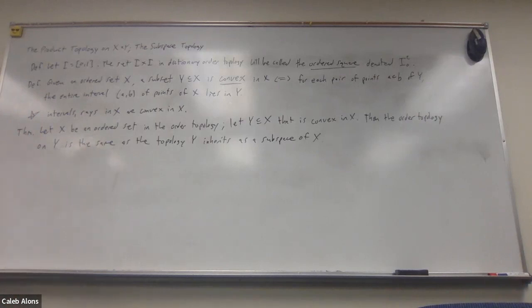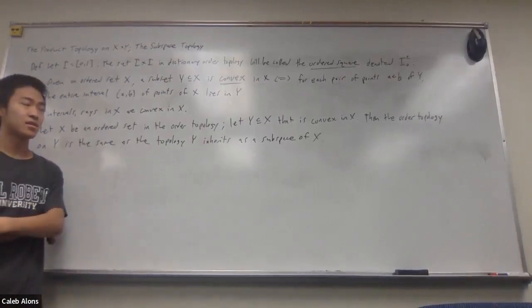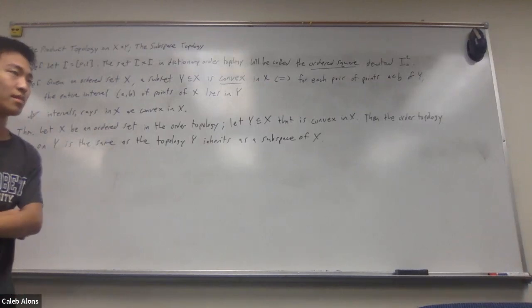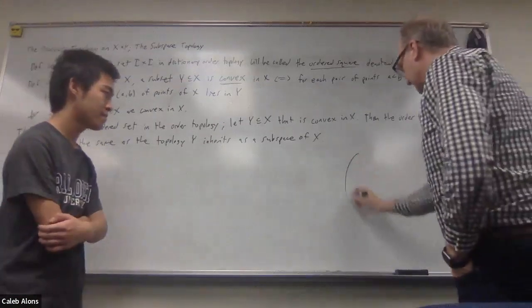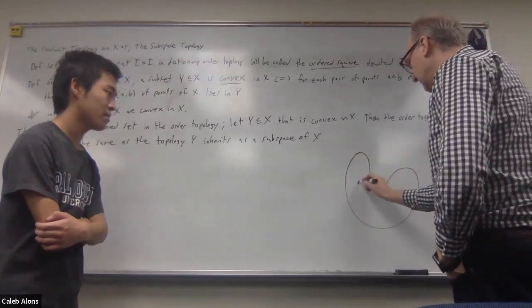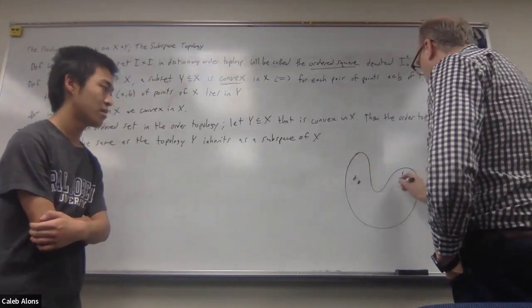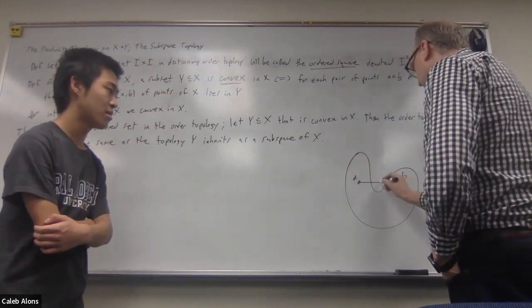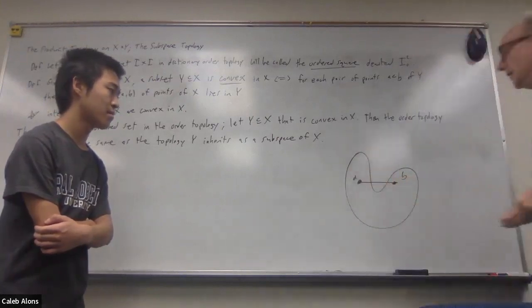No, I think that's right, because typically the classic example is the kidney shape, right? They always draw this thing as non-convex because you have A and B, and one of them is less than the other, and then the ray between them goes outside, so it's not convex. Oh, I see.